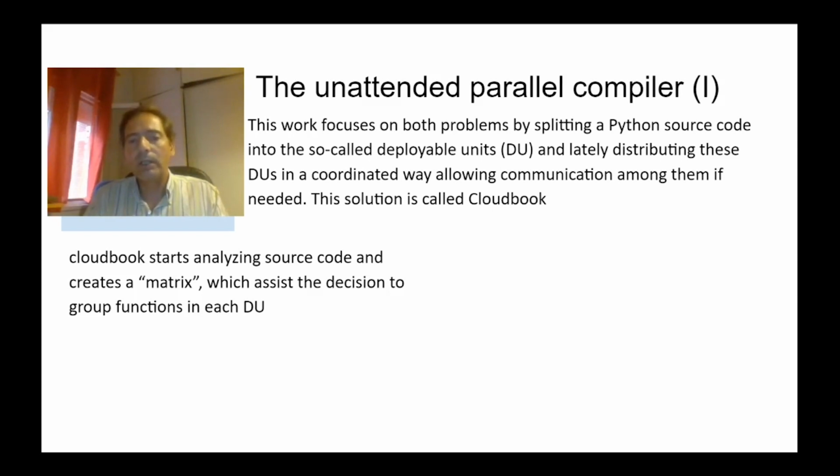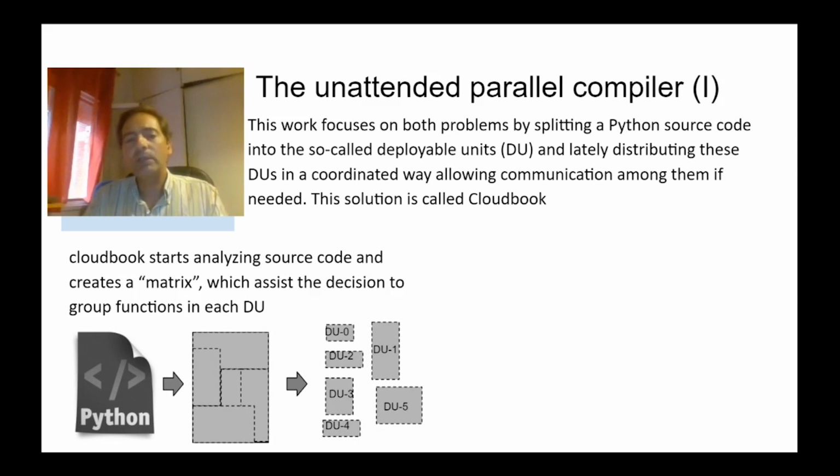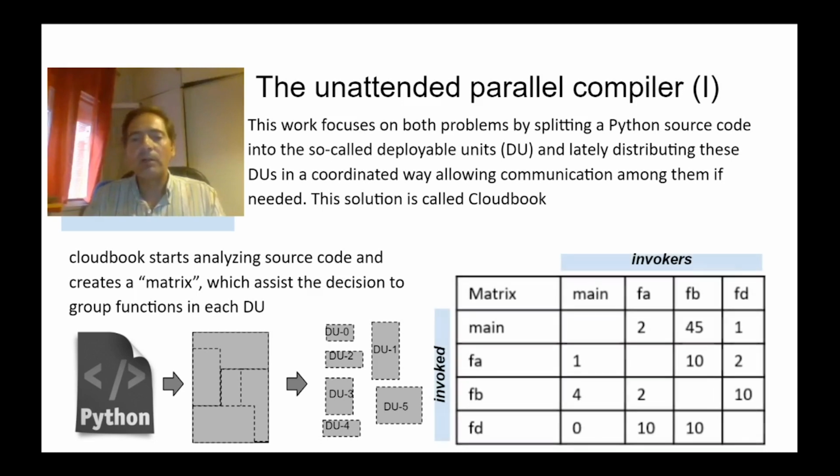During the first stage of the Cloudbook tool, we start analyzing the source code and creating a matrix, which assists the decision to group functions in each deployable unit. If we analyze the original source code of a program, we find different functions that invoke each other.